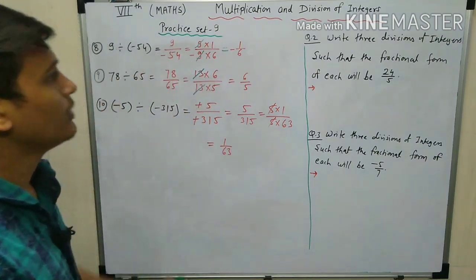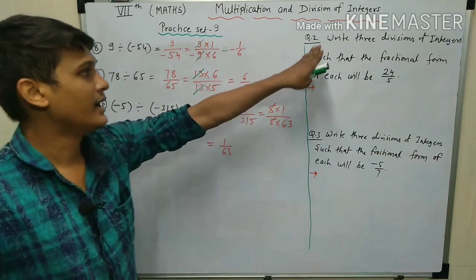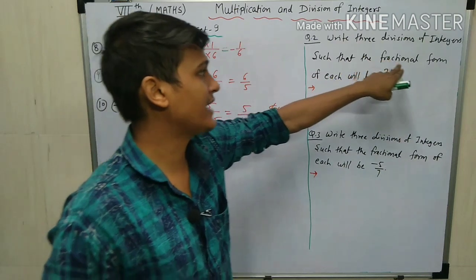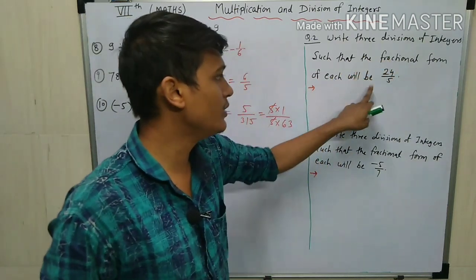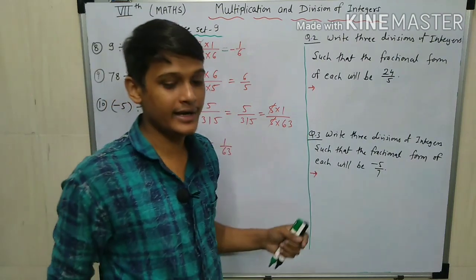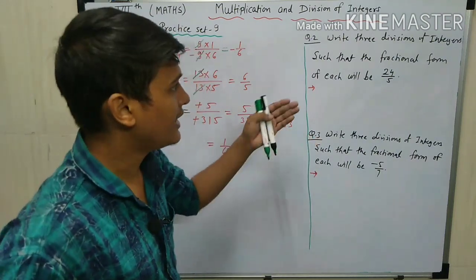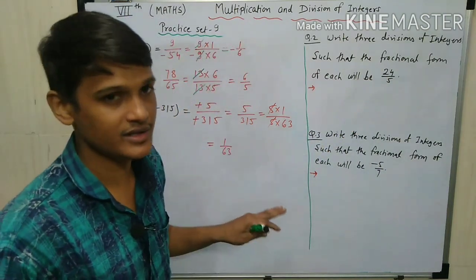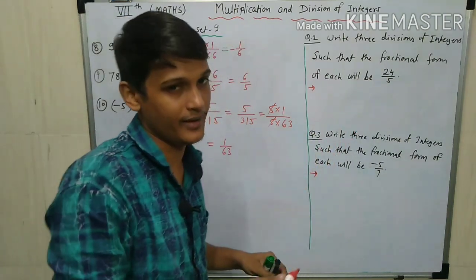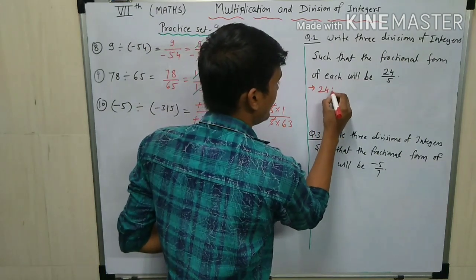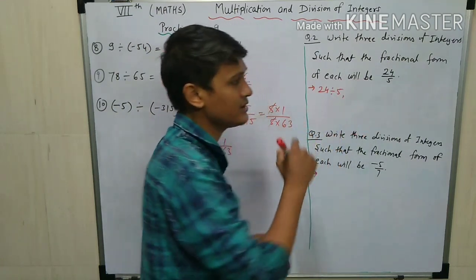Understood? Now second question, students: write 3 divisions of integers such that the fractional form of each will be 24 upon 5. We can write only 3, though there are more fractional forms. First we can write here 24 divided by 5, this is the first.